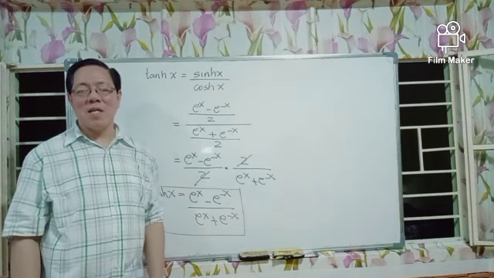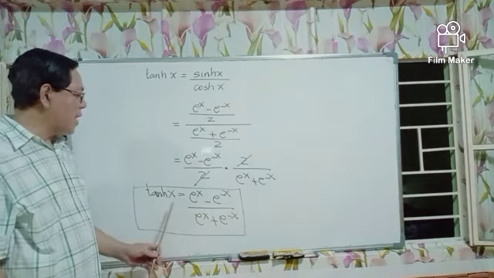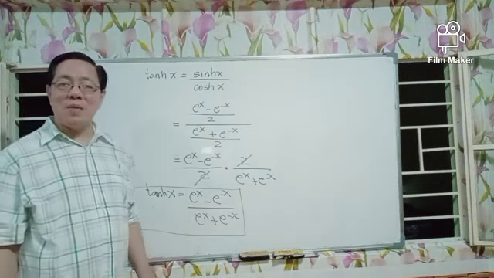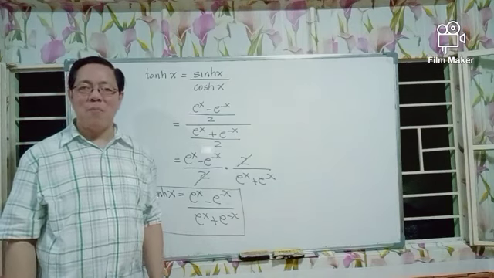That is, for every real number that you may want to substitute for x, there is a corresponding value for hyperbolic tangent of a real number.